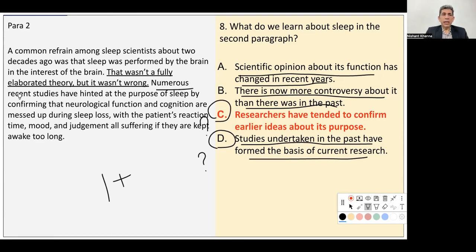Numerous research studies, he's saying research studies, but it is nowhere saying that it is connected to the past. We can't see any kind of link there. So my answer is C.